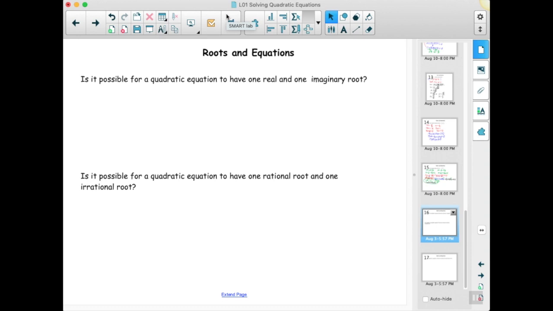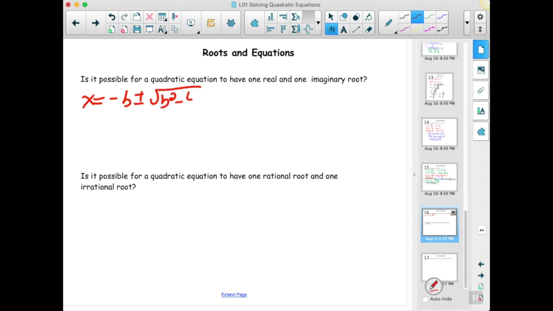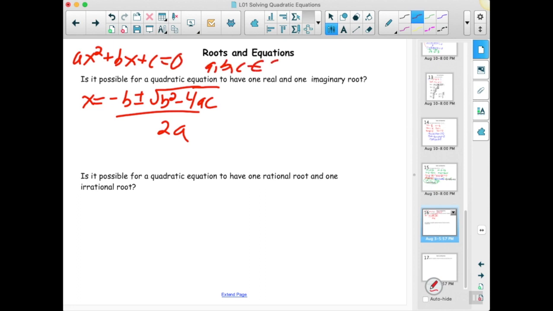First thing I want to do is write down the quadratic formula. It says x is equal to negative b plus or minus the square root of b squared minus 4ac all over 2a. And remember, we started with a quadratic of this one. And a, b, and c are actually going to be rational numbers.